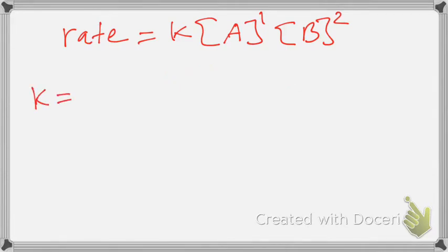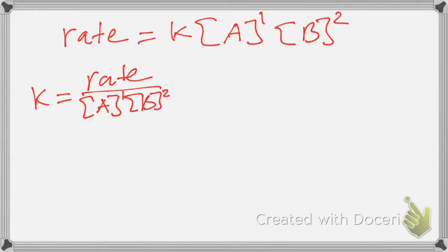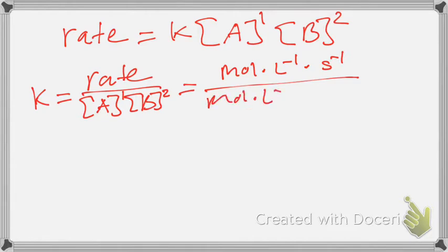Again, k is equal to the rate over [A] to the first order, [B] to the second order. Therefore, the units of rate are moles per liter per second over the units for A, which would be moles per liter, and B would be moles per liter squared. So how would we work this out?